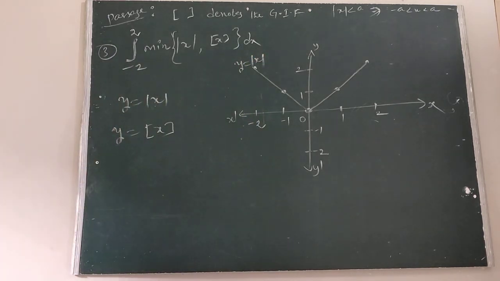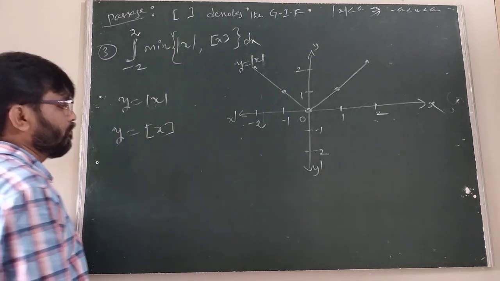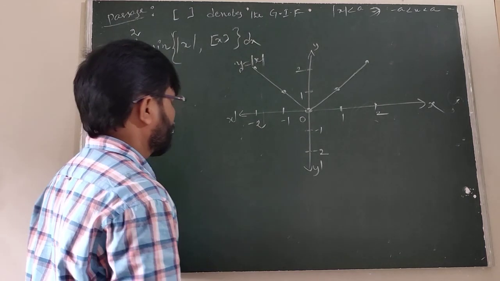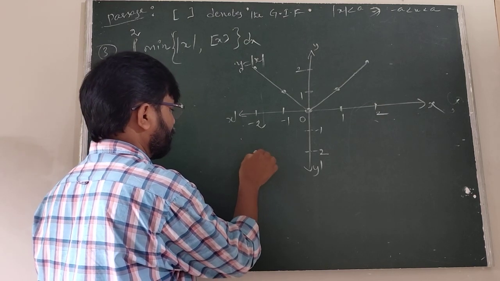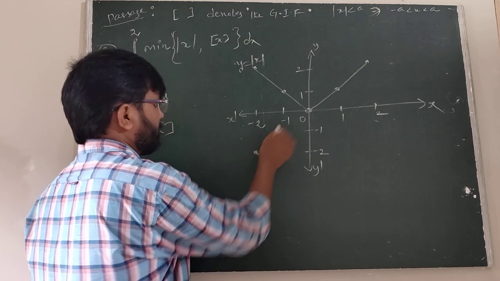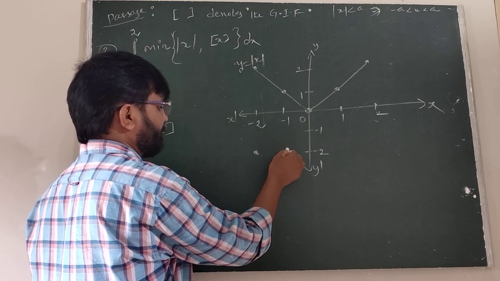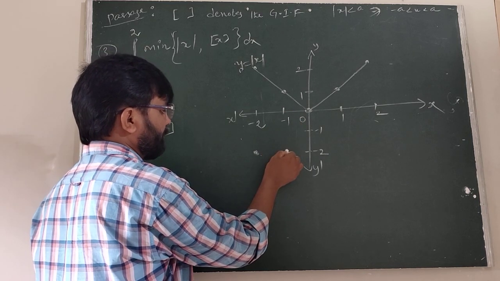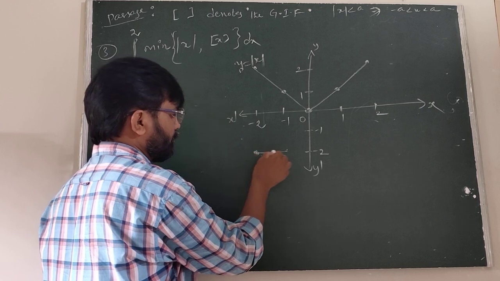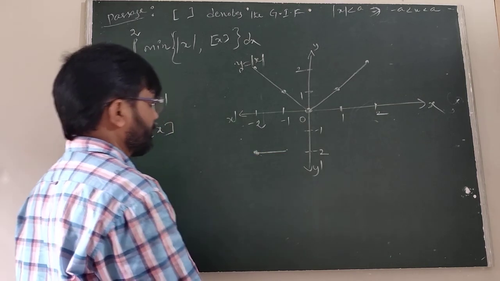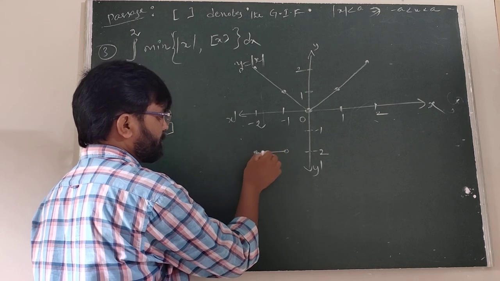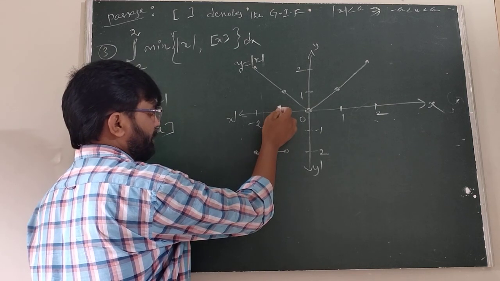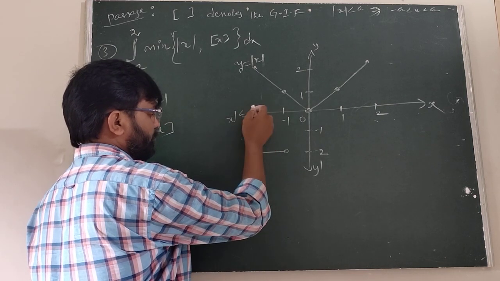Now, all of you listen here. The step of minus 2 is minus 2. Yes, we know that. The step of minus 1.9 is also minus 2. Everything in this region is minus 2. Is it clear or not? Suppose you are taking minus 1.1, that is minus 2.